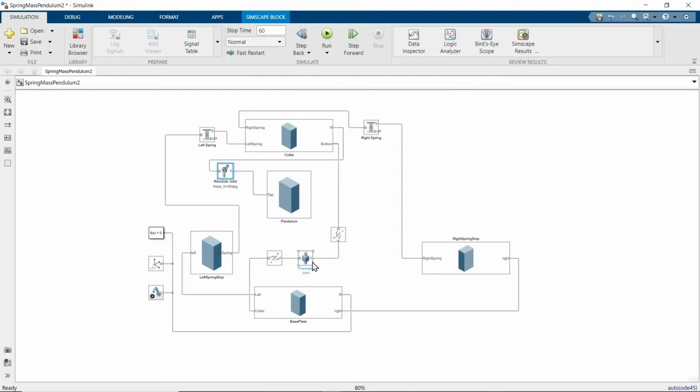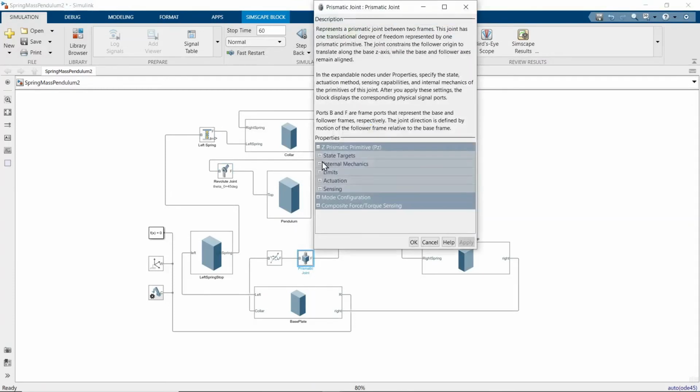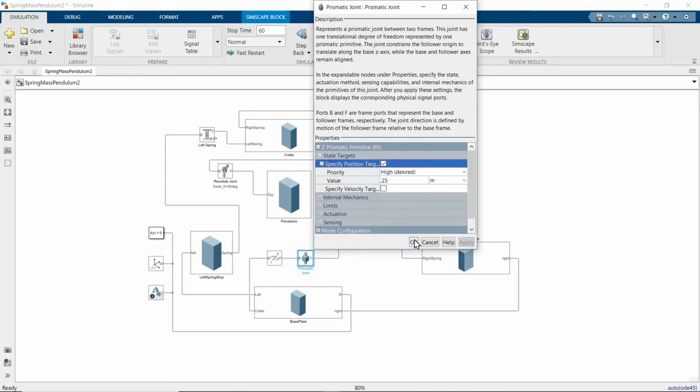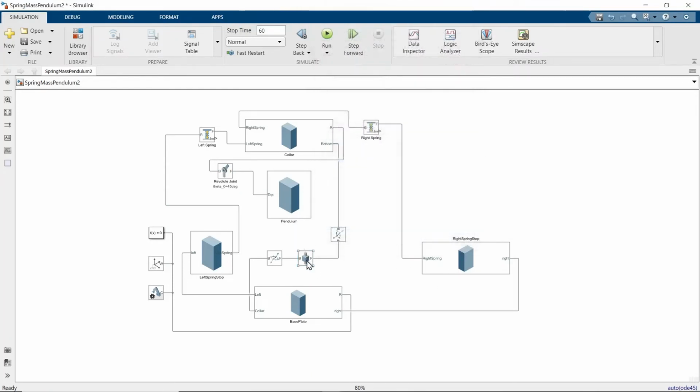And this joint here, we used it to define the initial position of the collar, which was 0.25 meters. So just by looking at it, let's pull up that value too.